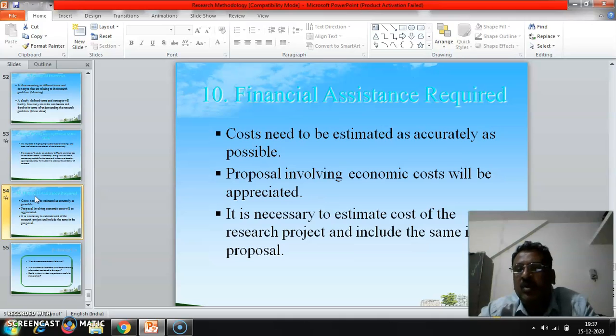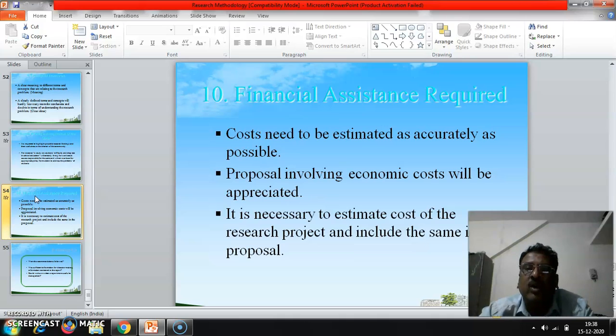At that time we have to pay the Xerox money, that is, copies are required, paper is required, stationery is required, a Xerox machine is required, a camera is required. So these are all the facilities: printer, computer, laptop or any other computer gadgets to be used while we are conducting the survey. For that purpose, even transport charges you have to add. Everything is to be estimated properly before we get the financial assistance.